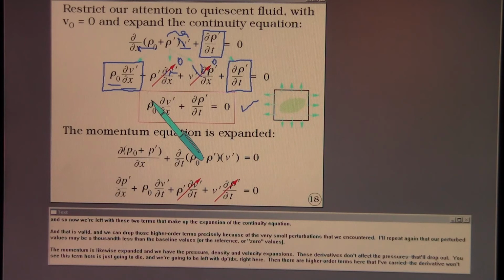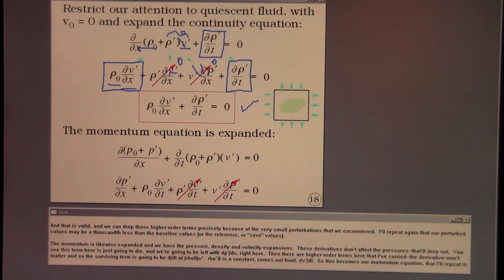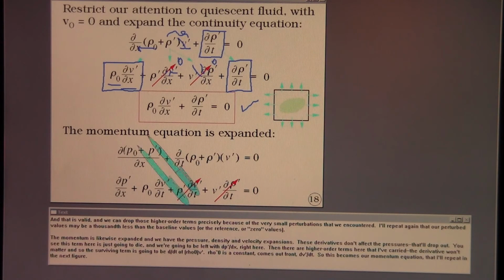I'll repeat again that our perturbed values may be 1,000th less than the baseline values or the reference 0 values. The momentum equation is likewise expanded, and we have the pressure, density, and velocity expansions. These derivatives don't affect the pressures. That'll drop out. You see this term here is just going to die. And we're going to be left with dp prime dx right here.